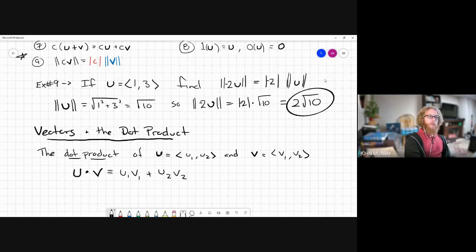It's going to be the sum of the product of our vector components. So I'm going to multiply the x terms, the u1 and the v1. I'm going to multiply the y terms, the u2 and the v2, and I'm going to add that together.